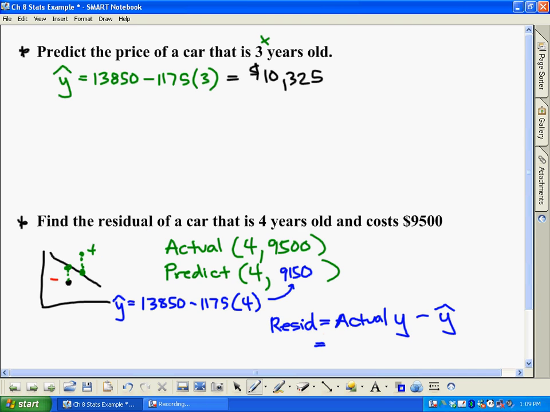So in this case, the actual y was 9,500, and the predicted was 9,150, and so when you subtract them, you get 350. So our residual in this case would be 350. So those are some of the basics of how linear regression works in creating a line of best fit.